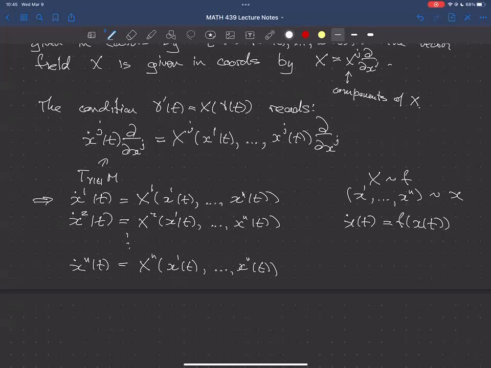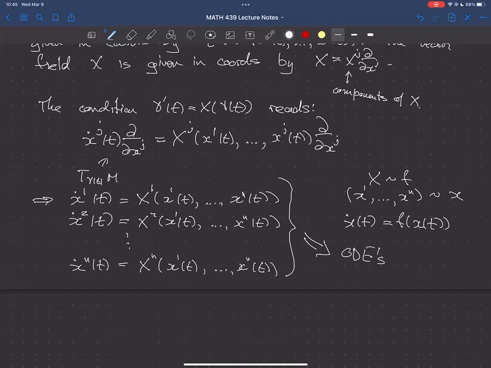And so the point is that these are ODEs. They're not necessarily particularly pleasant ODEs. For example, they won't necessarily be linear.